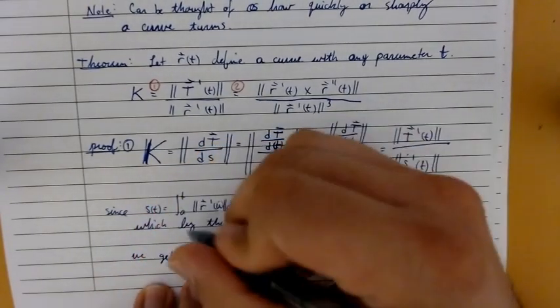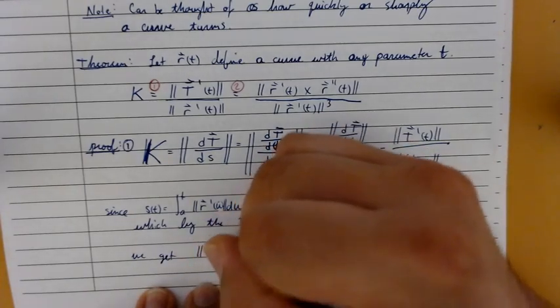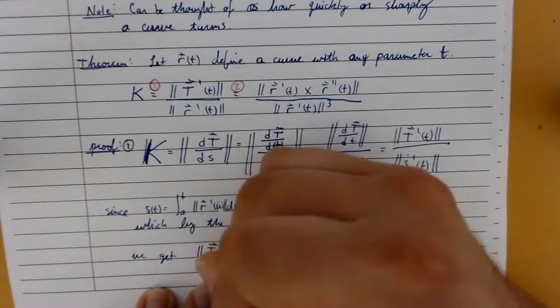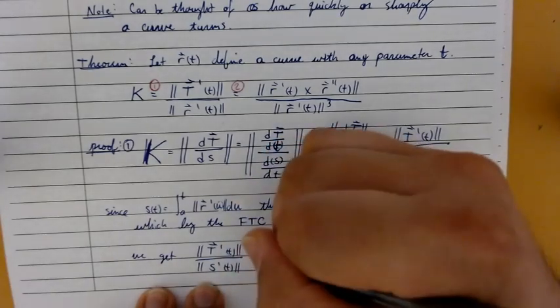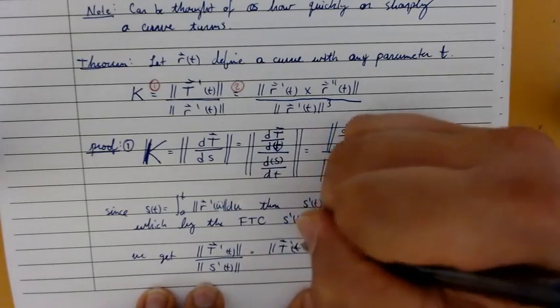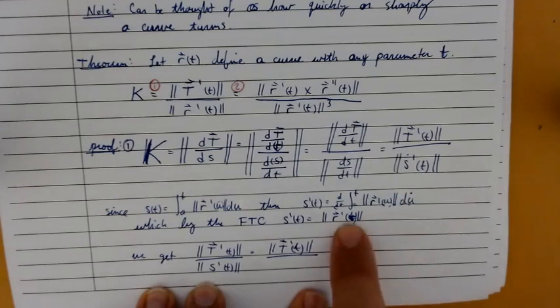That means we get that the magnitude of T prime of t over the magnitude of s prime of t is nothing more than the magnitude of T prime of t over, if this is that, then that's the magnitude of this one right here.